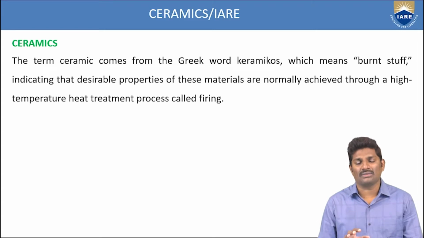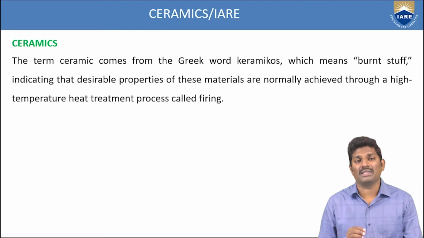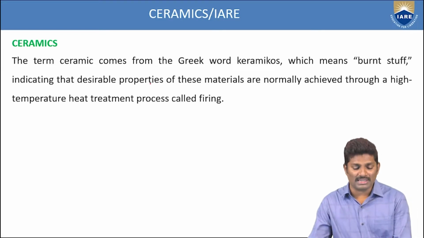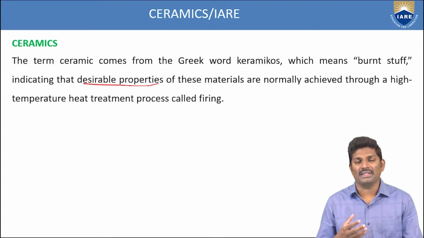What does this indicate? It indicates that the desirable properties of these materials are normally achieved at high temperatures. So what are the temperatures for the different materials? Once you do the heat treatment process, then we can achieve the mechanical properties. Okay, whatever desirable properties are required for the application can be obtained by heating the material.